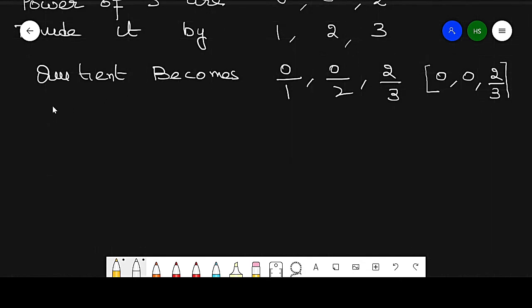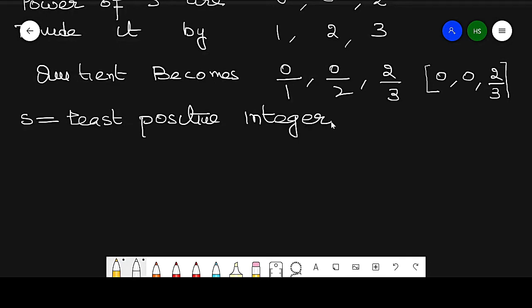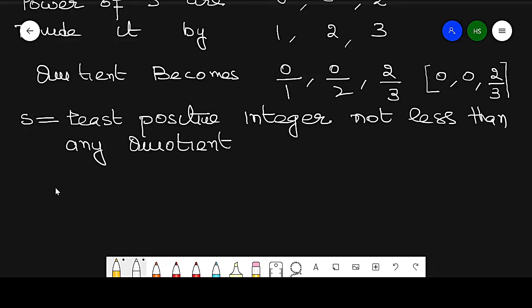So s is the least positive integer not less than any quotient.